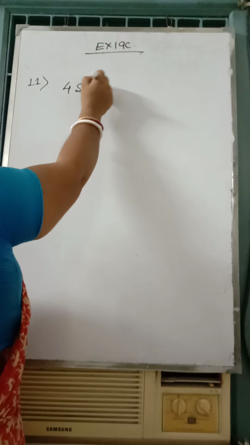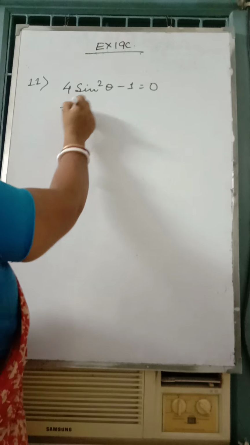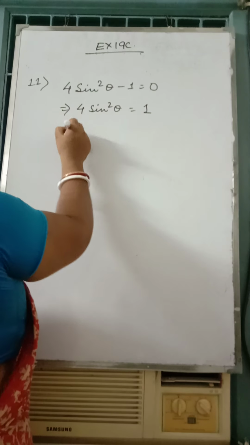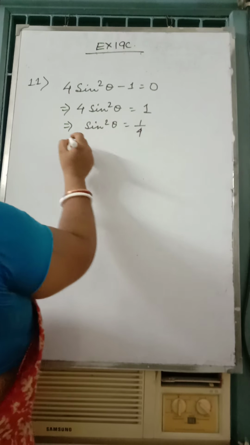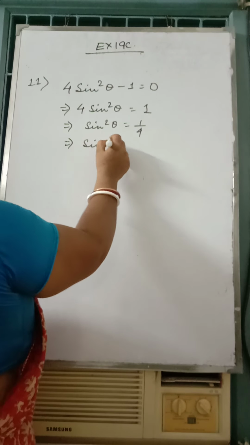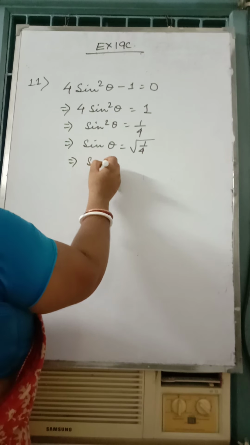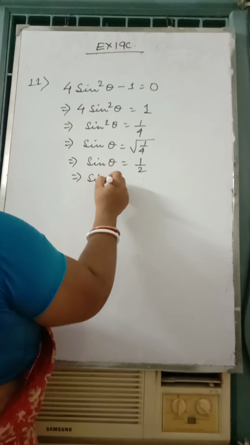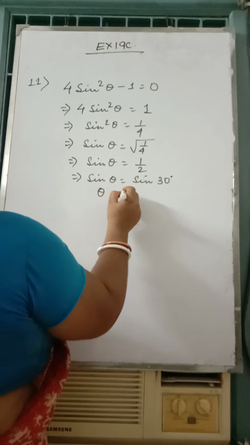Given 4 sin square theta minus 1 is equal to 0, or 4 sin squared theta is equal to 1, or sin squared theta is equal to 1 by 4, or sin theta is equal to under root 1 by 4, or sin theta is equal to 1 by 2, or sin theta is equal to sin 30. So the value of theta is 30 degree.